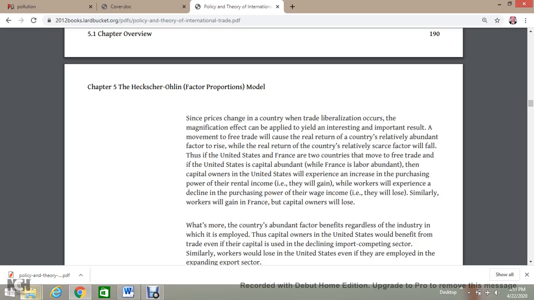So now the owners of the capital resources in the United States will experience an increase in the purchasing power of their rental income. It means all those capital owners, the industrialists, start producing these capital intensive goods by utilizing their capital, and in return for this capital they will gain an income. We can call this a rental income, which is paid on utilizing these machineries.